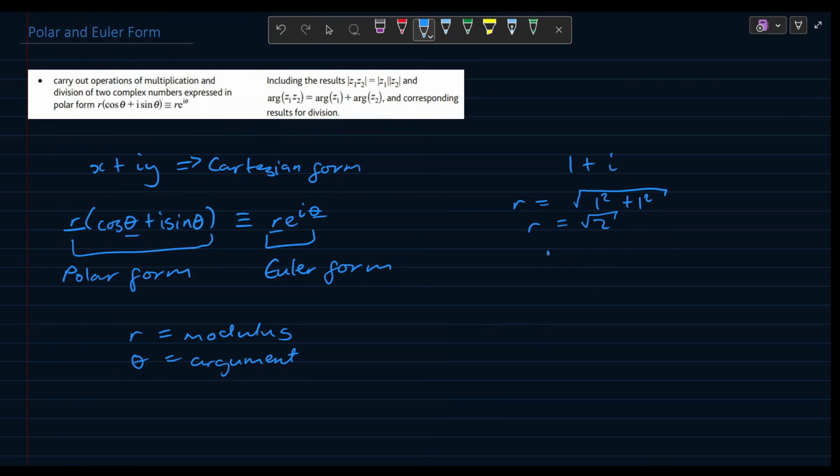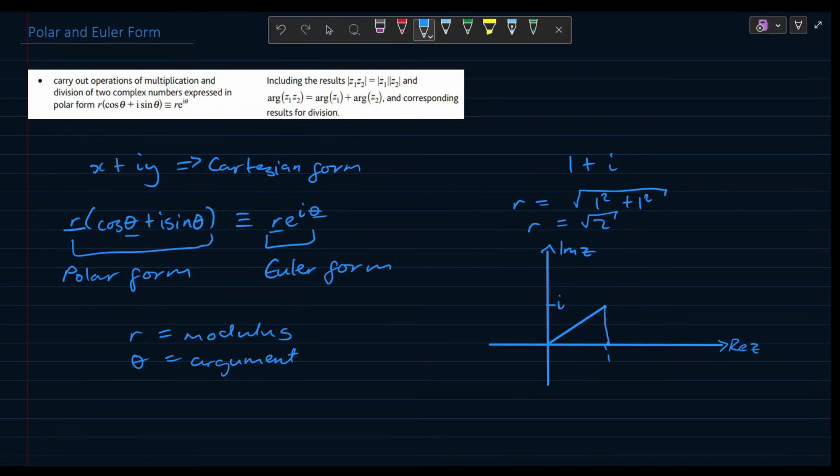And then to find the argument, let's draw it on a complex plane. This is the imaginary axis and this is our real axis. So we're moving 1 unit in the real axis and 1 unit in the imaginary axis. So i, and this is going to be our complex number.